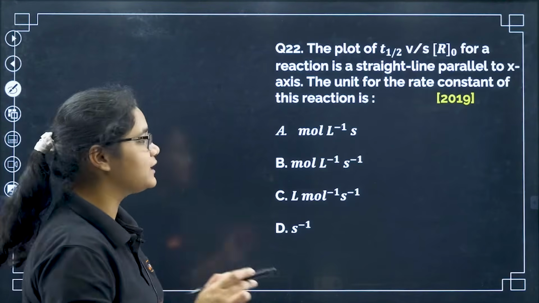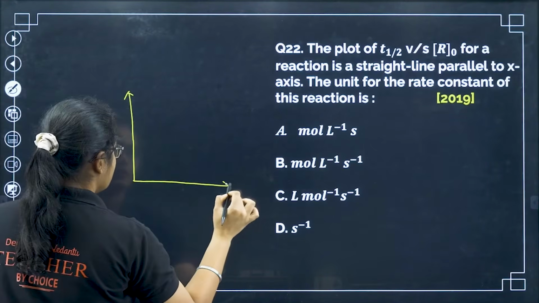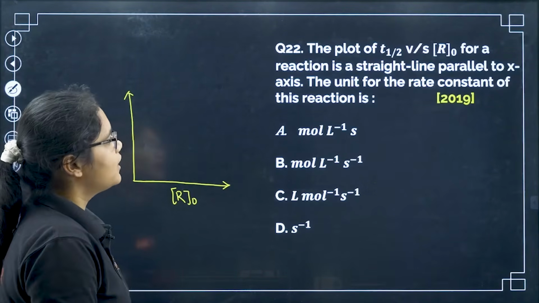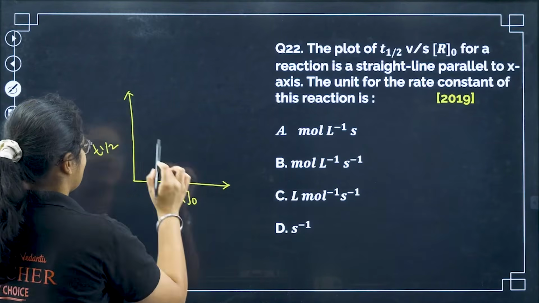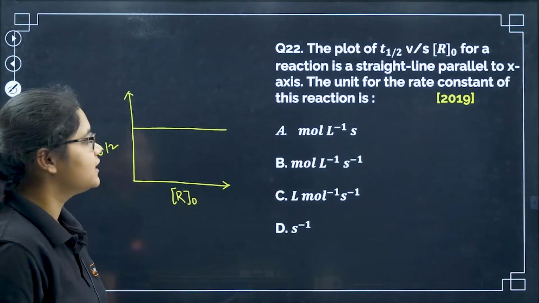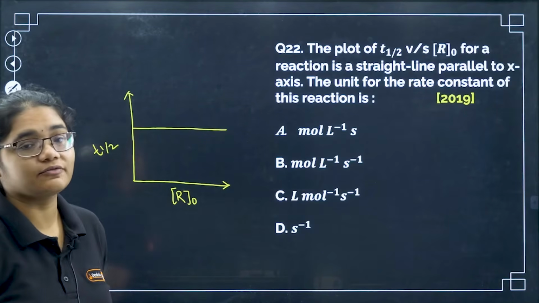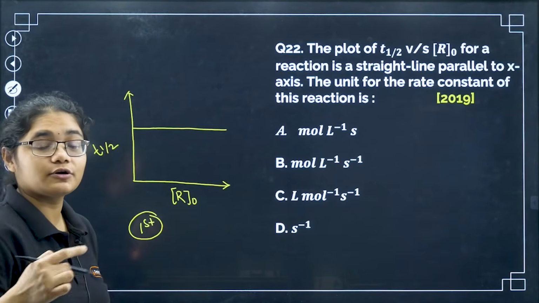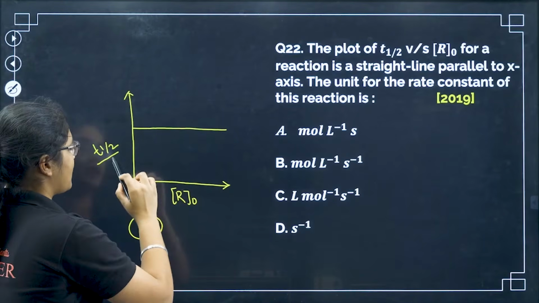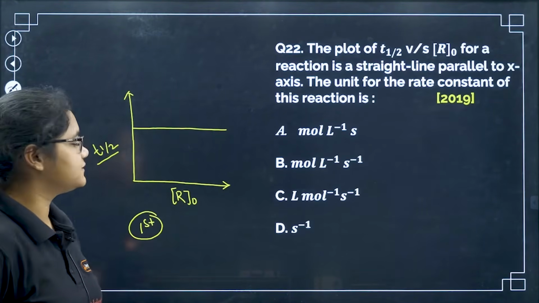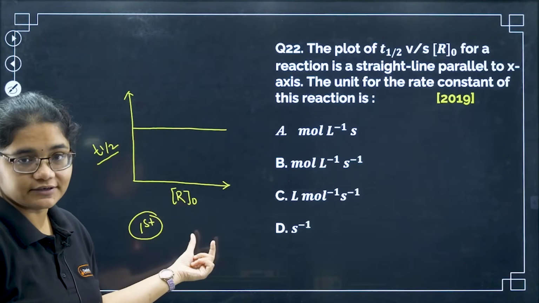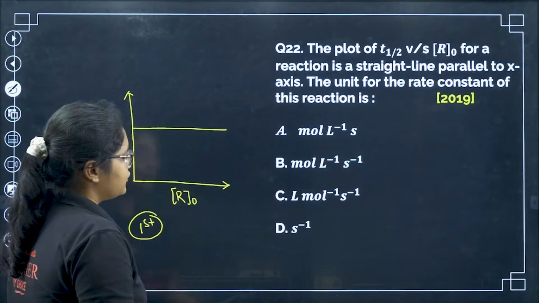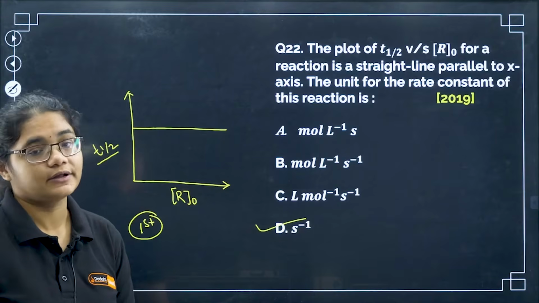Now see, for a first order reaction, T half is independent of the initial concentration. So for this one the unit will be second inverse because it is a first order reaction.